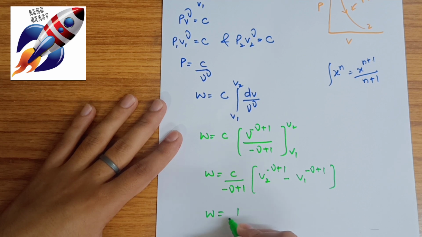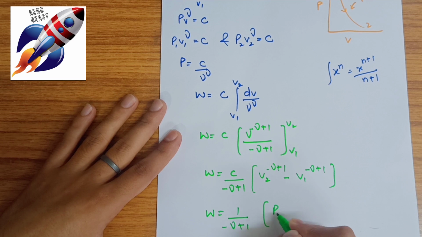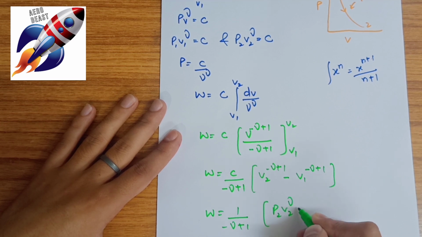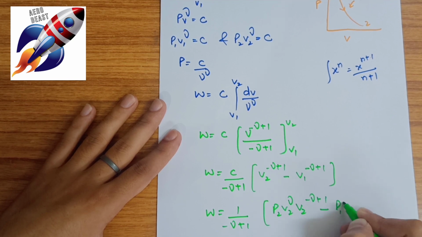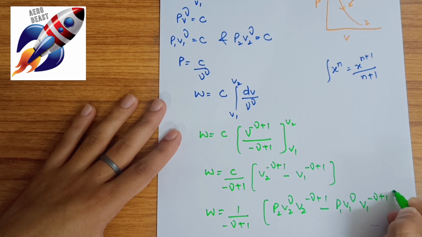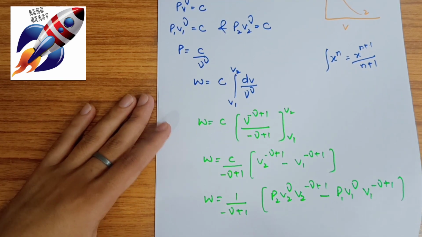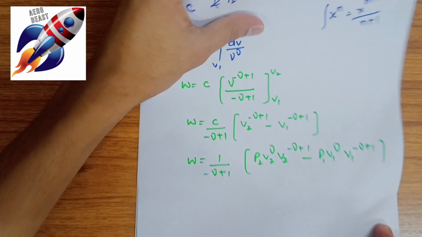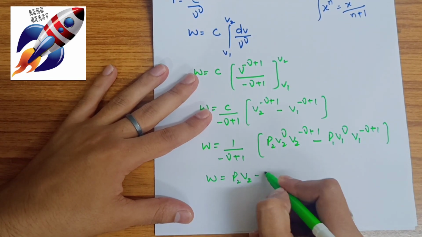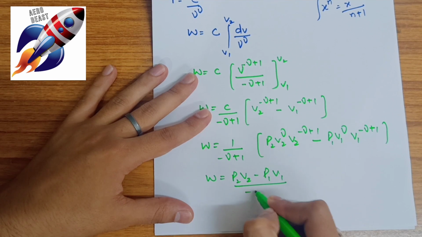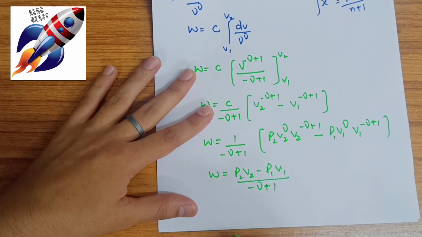So W is equal to 1 upon (−γ+1) times P2 V2 minus P1 V1. Then W is equal to (P2 V2 minus P1 V1) divided by (−γ+1).